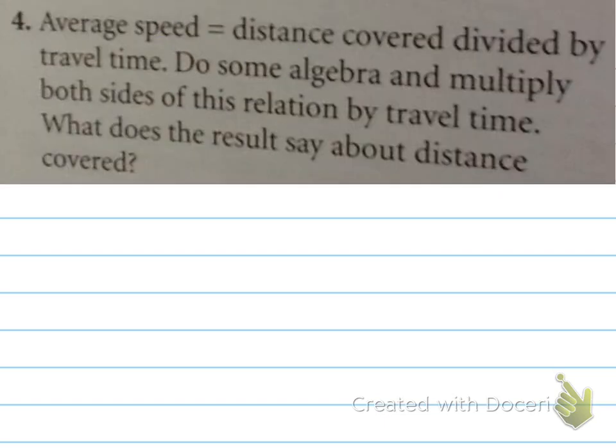Number 4, average speed equals distance covered divided by travel time. Do some algebra and multiply both sides of this relation by travel time. What does the result say about distance?